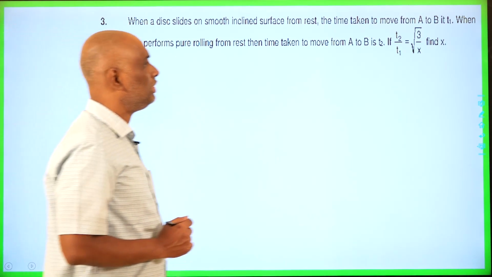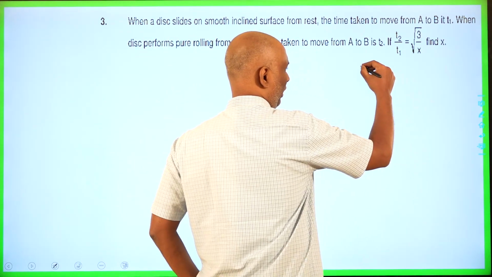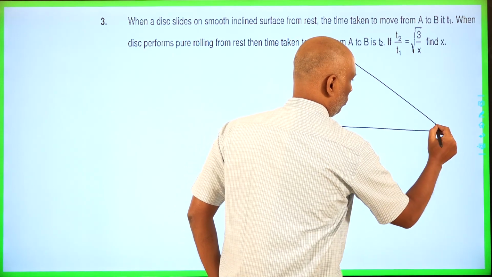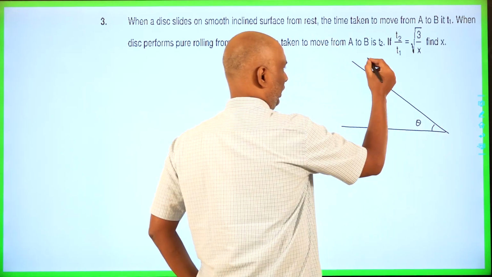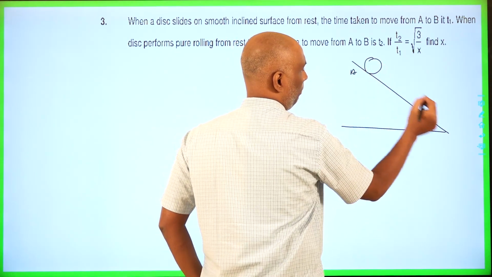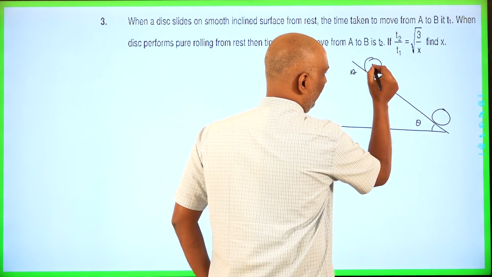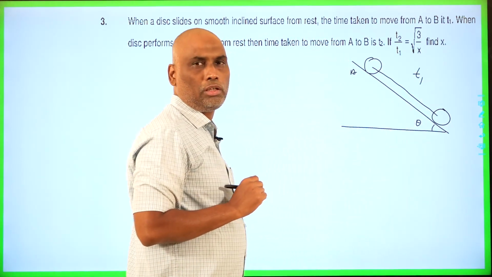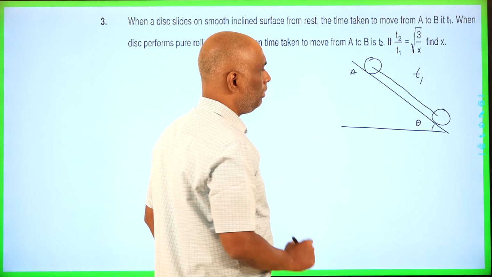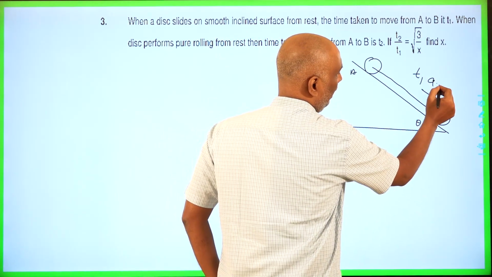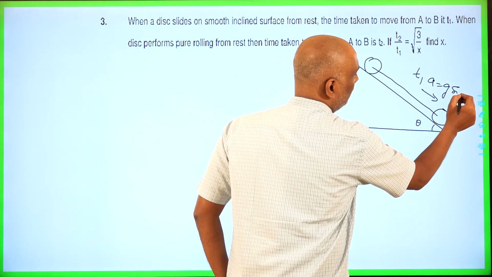Whenever a disc is sliding on a smooth inclined plane, if I consider that the angle of inclination is theta, and the body is sliding from point A to point B, the time taken is t1. Whenever there is no friction, this body will slide down with an acceleration a equals g sin theta.